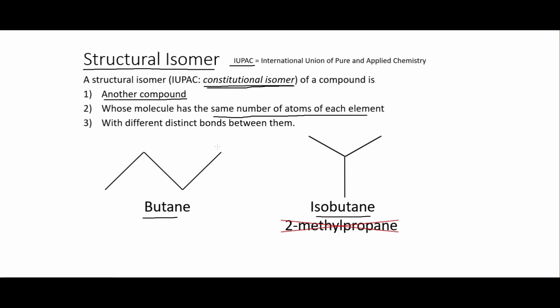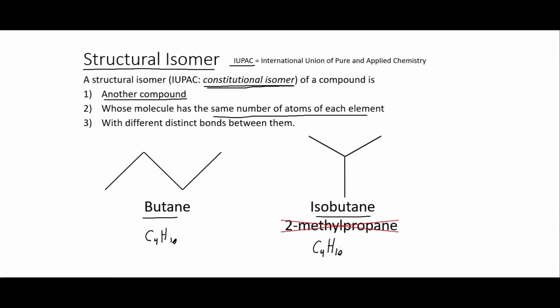And so we have this butane here, which is going to have 4 carbons, and 2, 4, 6, 8 plus 2, so 10 hydrogens. So this is C4H10. This isobutane has 3, 6, 9, and then the central carbon will have 1 hydrogen, so 10. So it is also C4H10.